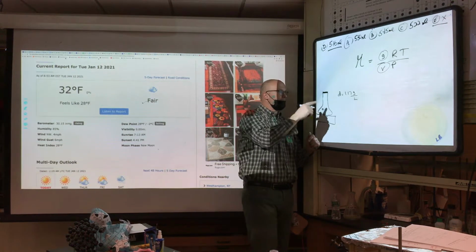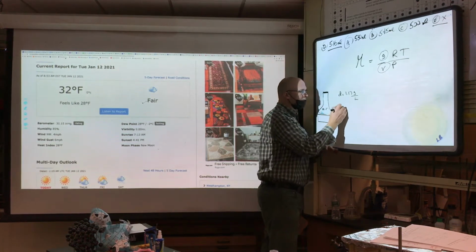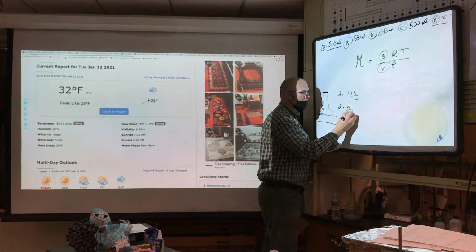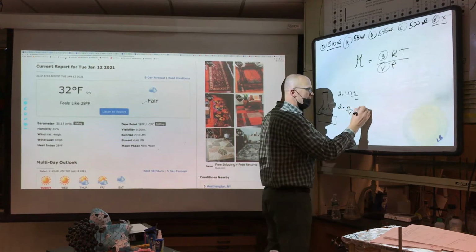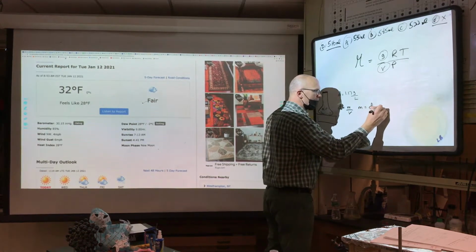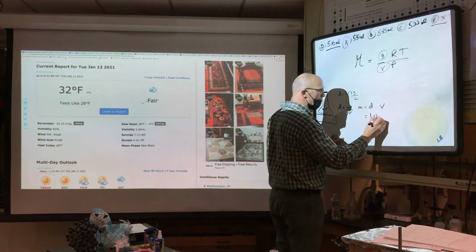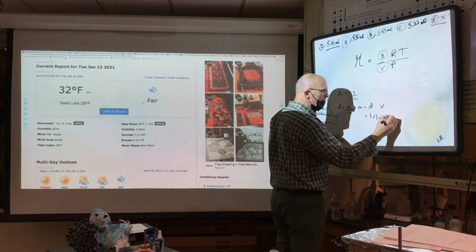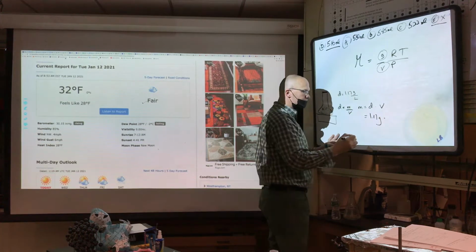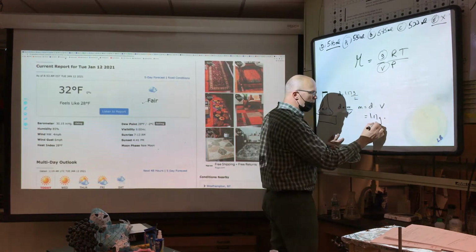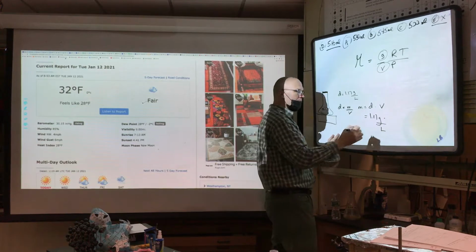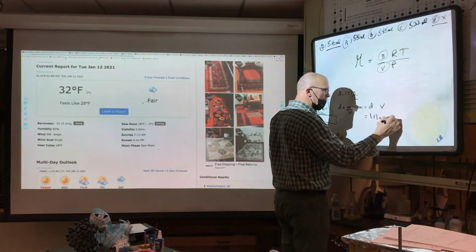In liters, we know, solving for density equals mass over volume, that mass is equal to density times volume. So we're going to take our density, 1.17 grams per liter, forgot that unit there, and then times it by the volume in liters.